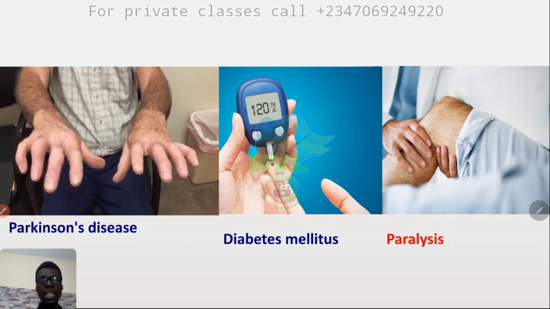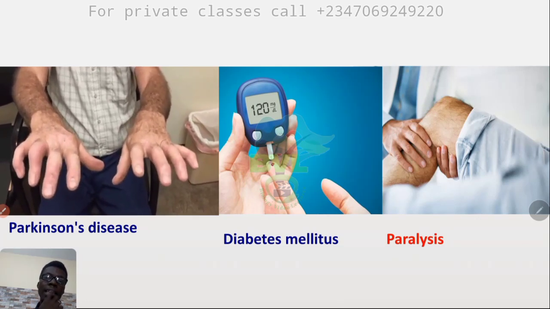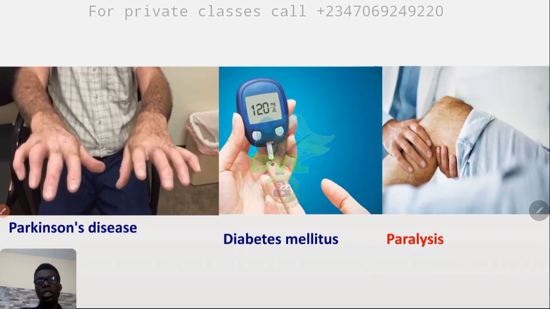When there's not enough dopamine in someone's body, Parkinson's disease results, which has to do with tremor in the hand, difficulty walking, postural defect, and all of that. All of this put together forms Parkinson's disease. This is a disease that has not been given a real cure, only management. It is not totally solved at the moment.